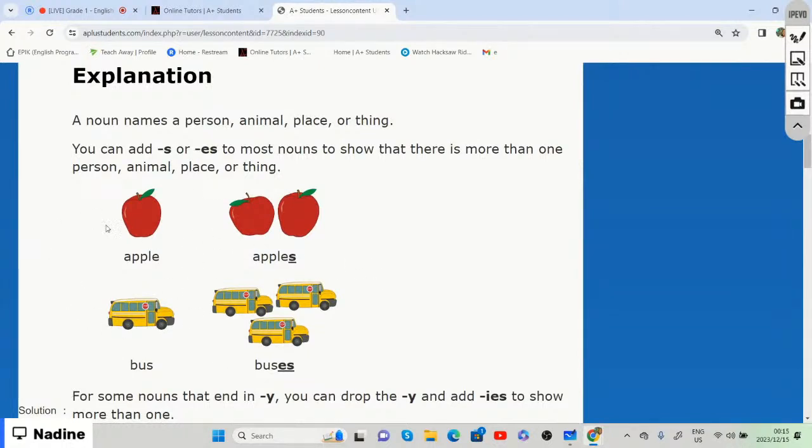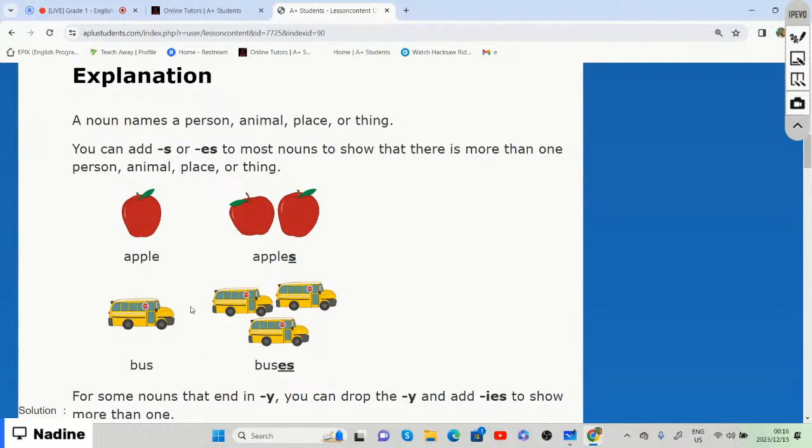And we already went over our explanation: a noun names a person, animal, place, or thing. And we add s or es to most of our nouns to show that there is more than one person, animal, place, or thing.